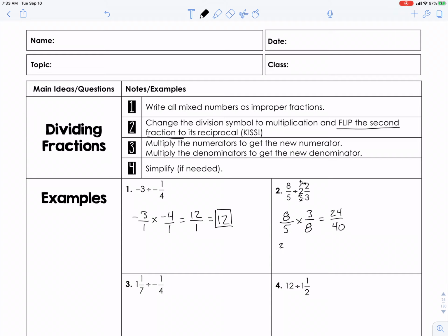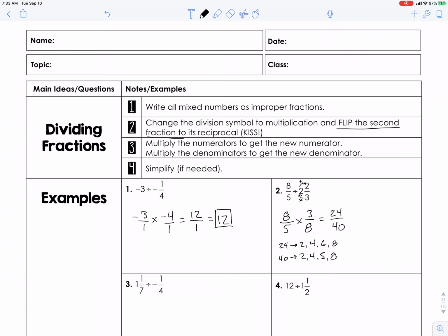Well, numbers that go into 24, I got 24 that go into 24. We've got 2, we've got 4, we've got 6, we've got 8. I don't want to go too much further. Now look at 40. What numbers go into 40? Well, we've got 2, we've got 4, we've got 5, we've got 8.